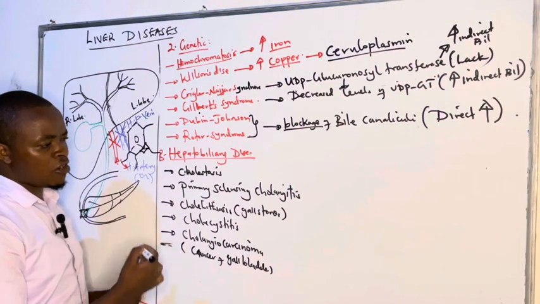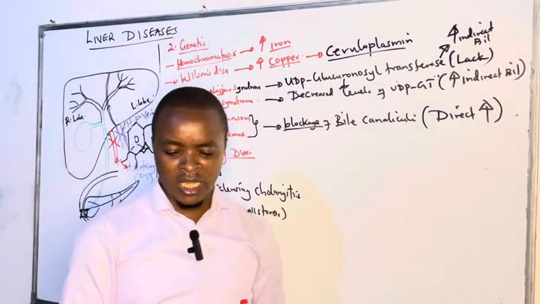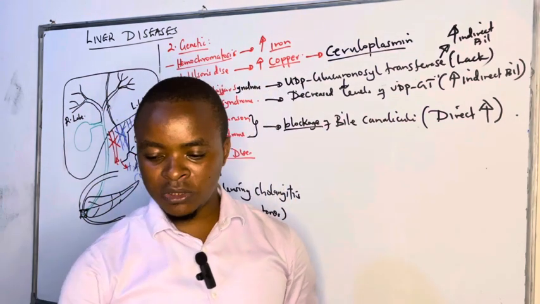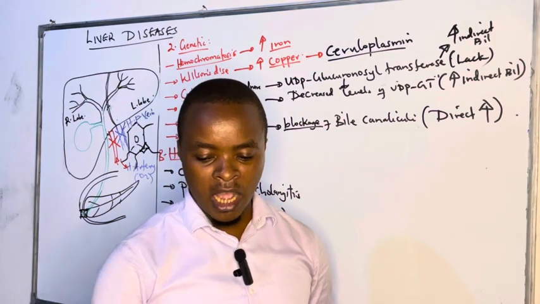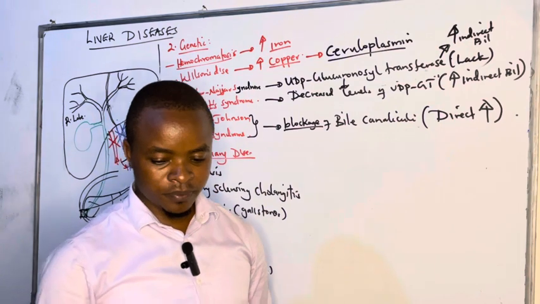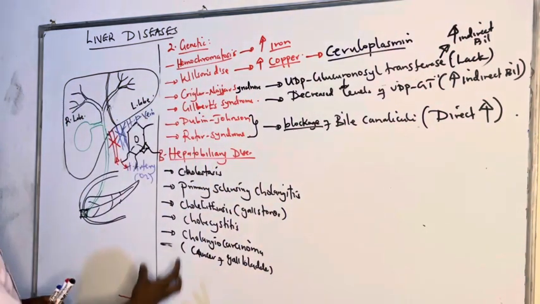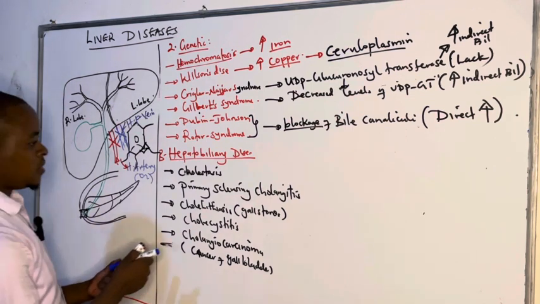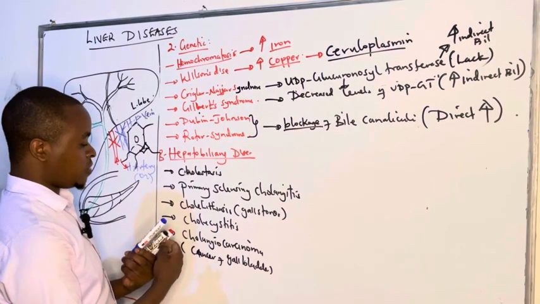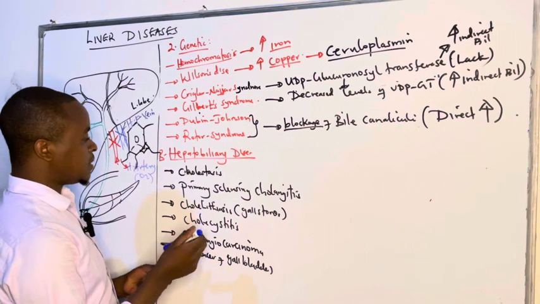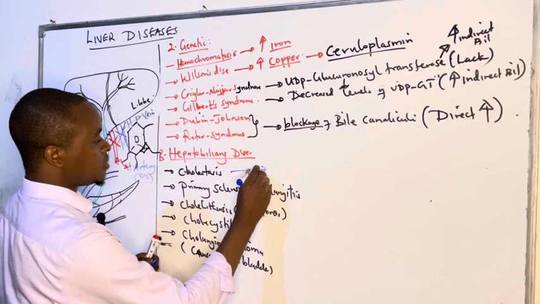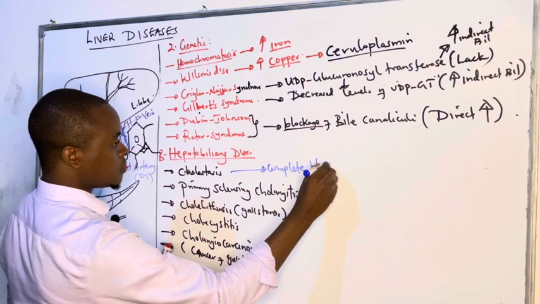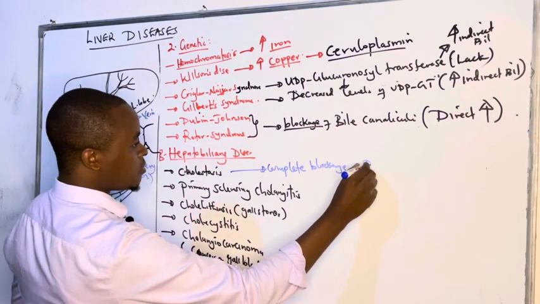And these diseases are always diagnosed both in laboratory and scan, because you have to do them thoroughly. They must be in agreement, all of them. So these diseases which are affecting the biliary system, cholestasis being the complete blockage of the bile duct.